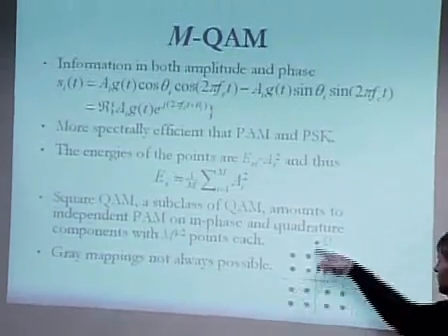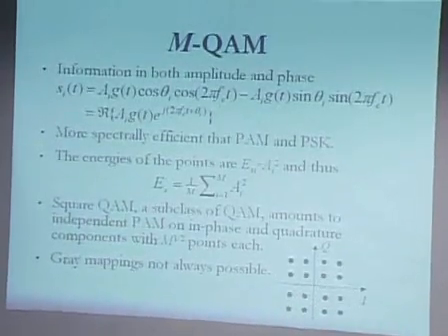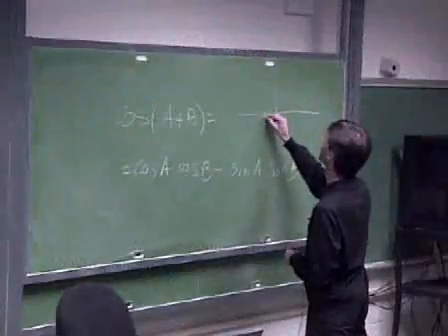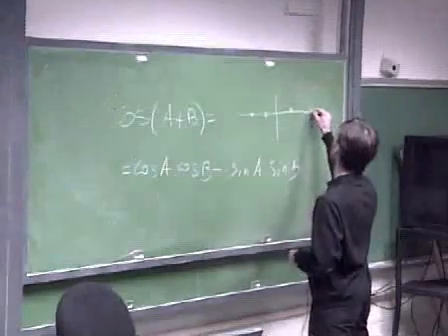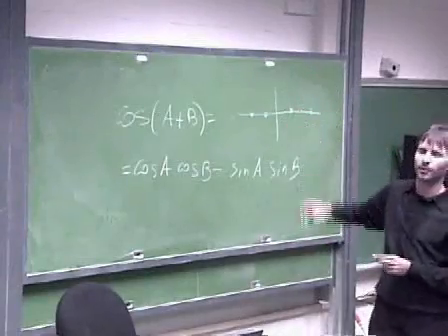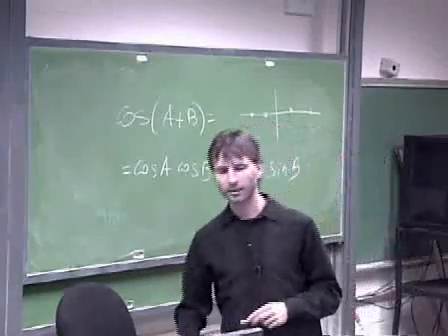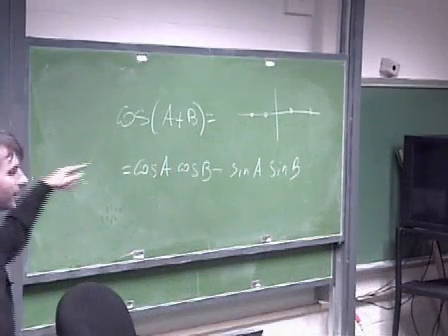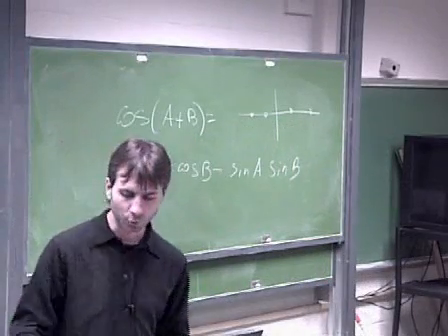So this constellation can be built by taking this one with 4 points, and its perpendicular version with 4 points, and you do a Cartesian product, and you get 16 points. You can do that with any of these PAMs, and you build a square QAM.